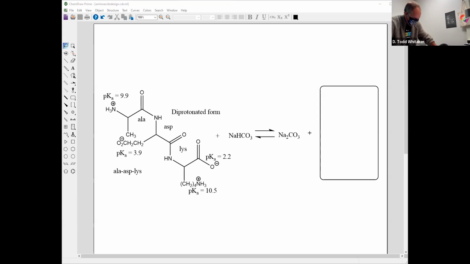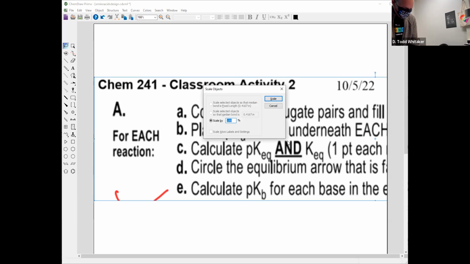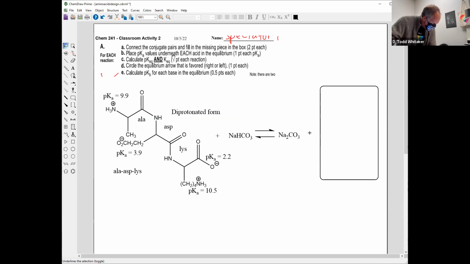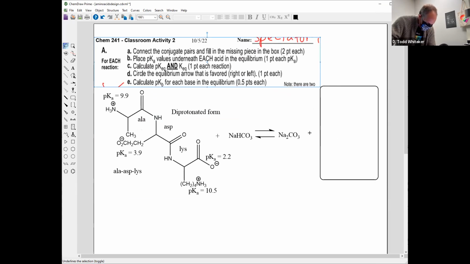Wait, no, I'm on Word. I'm on ChemDraw. Get rid of extraneous. What happened there? Oh, I'm on the wrong software again. I can't be doing any erasing here. Okay, connect the conjugate pairs and fill in. I think everything we need is here.